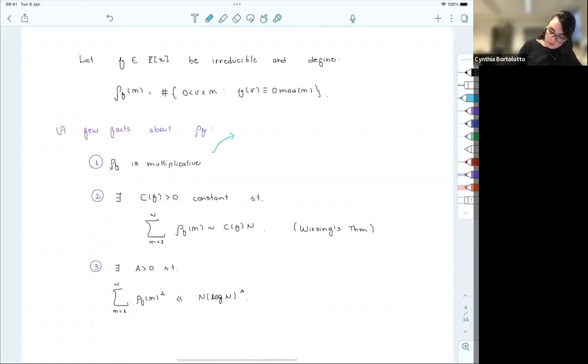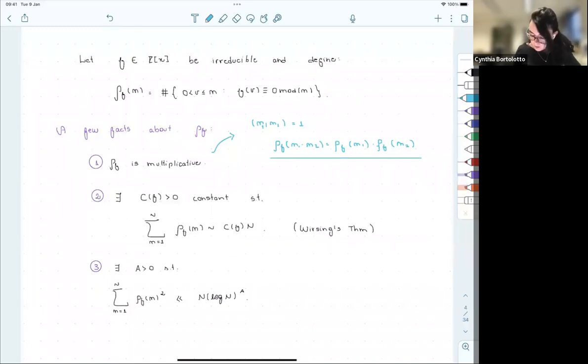So that means that if we take n1 and n2 that are coprime, this function evaluated in the product is the product of rho_f of n1 times rho_f of n2. And this is just a consequence of the Chinese remainder theorem.